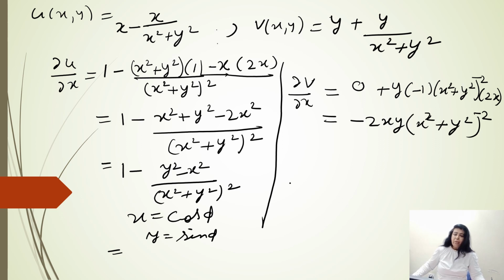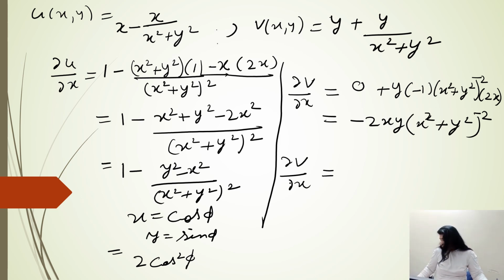When you solve it, in the denominator you get cos square phi plus sin square phi, which is equal to 1, and then solving the numerator, subtracting it from 1 and solving it out, you will get the value of del u by del x as 2 cos square phi. Now similarly, del v by del x will be 2 cos phi sin phi.